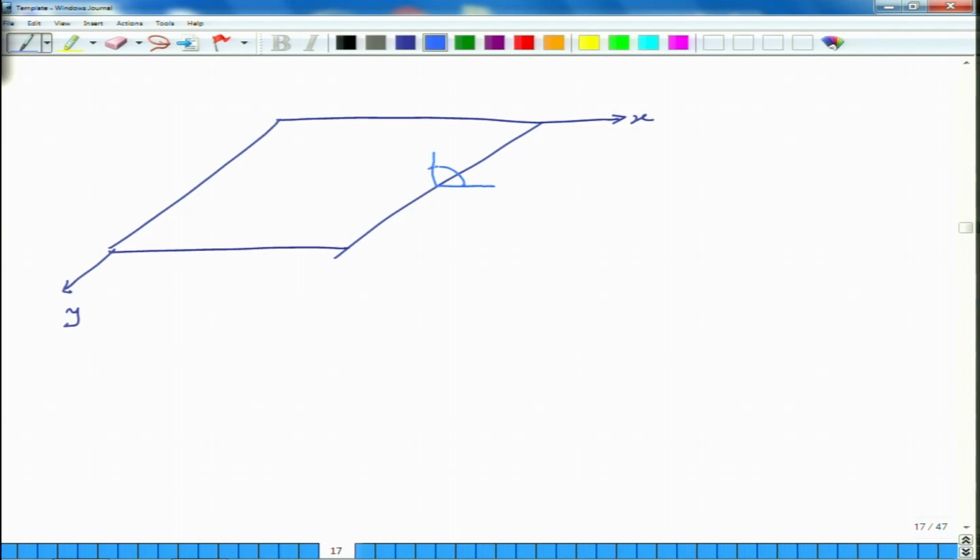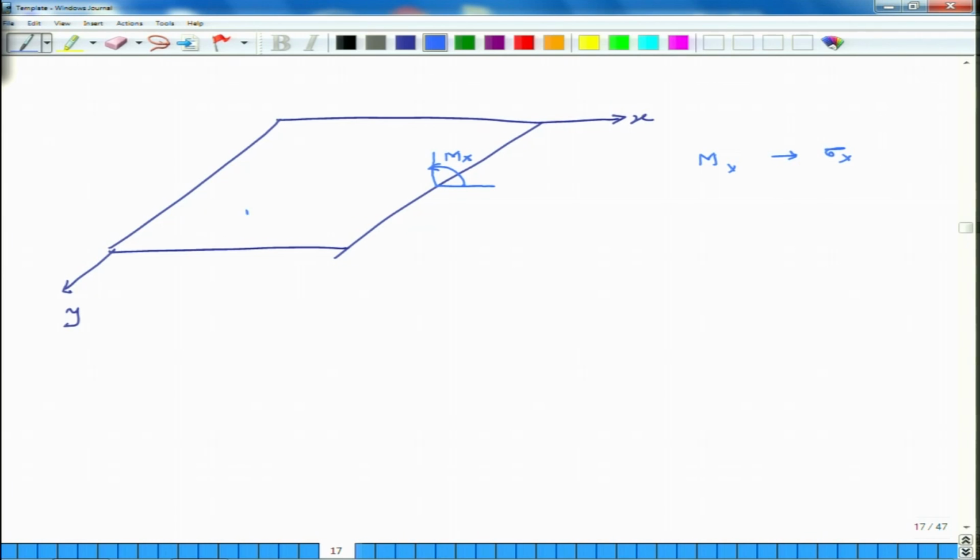Mx is acting like this. This is positive Mx. Why do I call it Mx? Because it is related to sigma x and it is acting on the x plane.